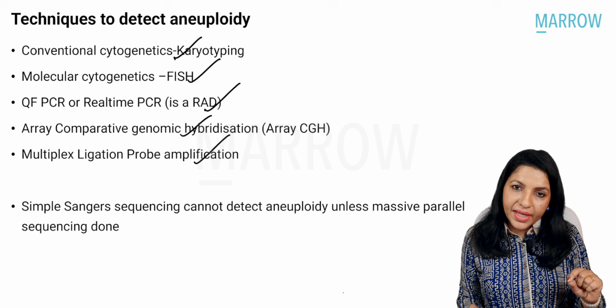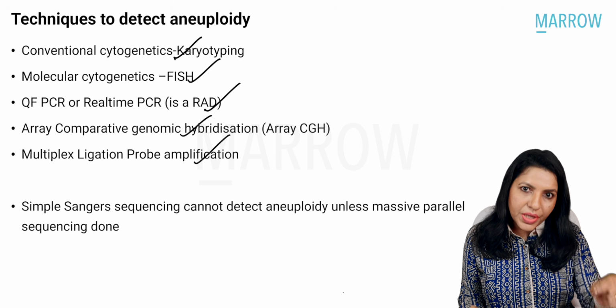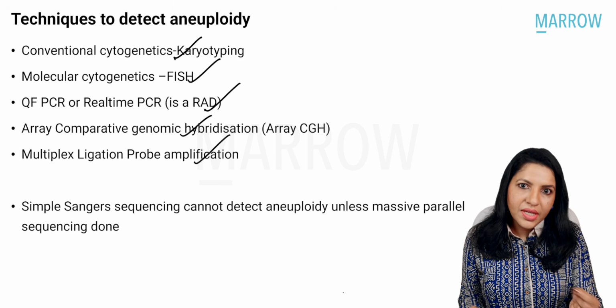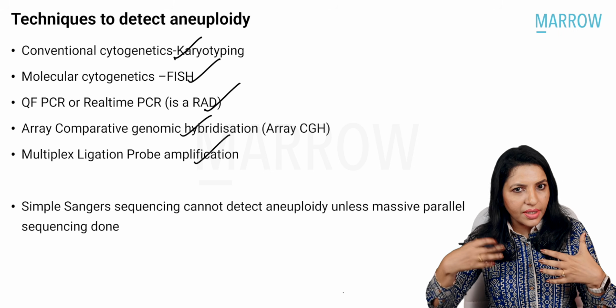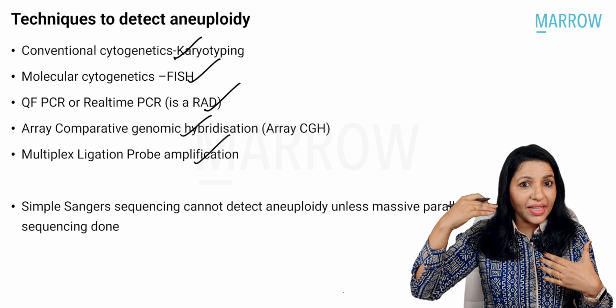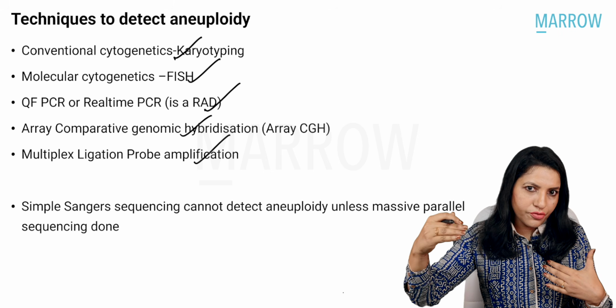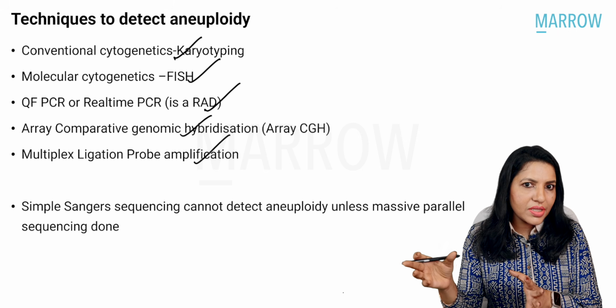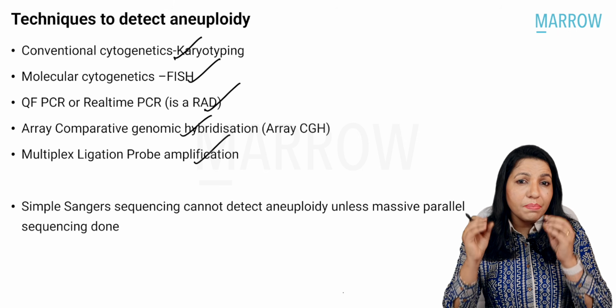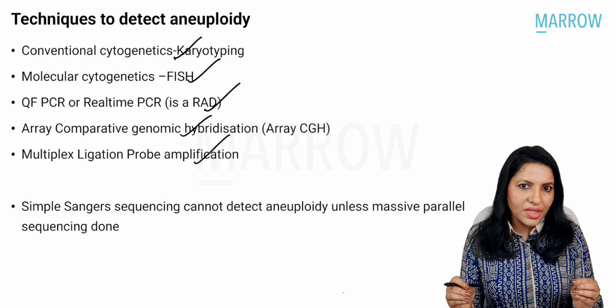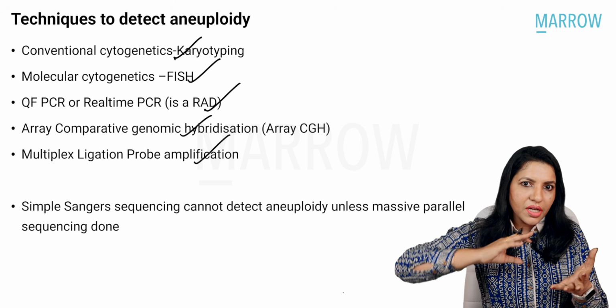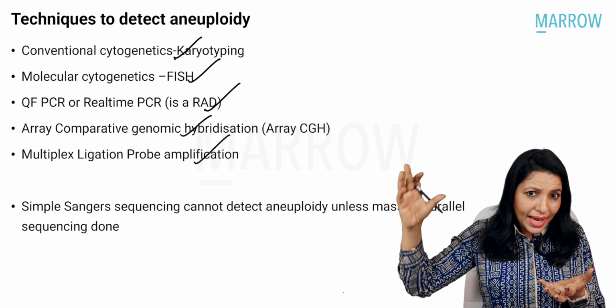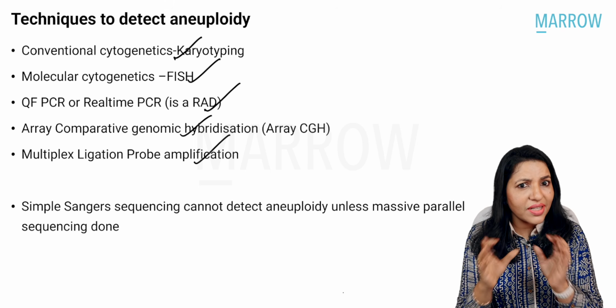But the Sanger sequencing principle we can use in another base, like in an NGS-based platform, or next generation sequencing. Next generation sequencing is otherwise called massive parallel sequencing, which means different fragments are sequenced in parallel at the same time.